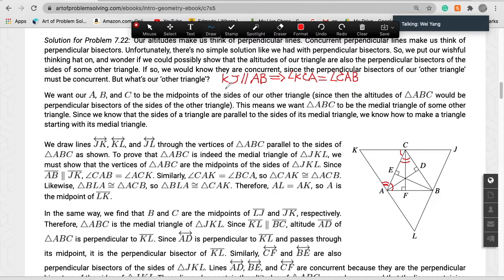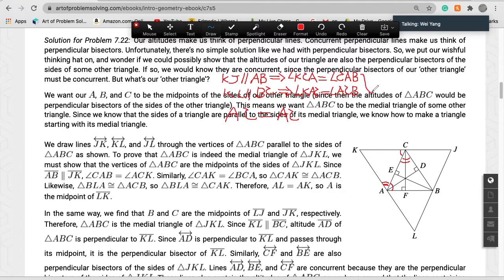Then from KL parallel with BC, we can get angle KAC equals angle ACB, right? This angle equals this one. Then these two triangles share side AC; AC equals AC.